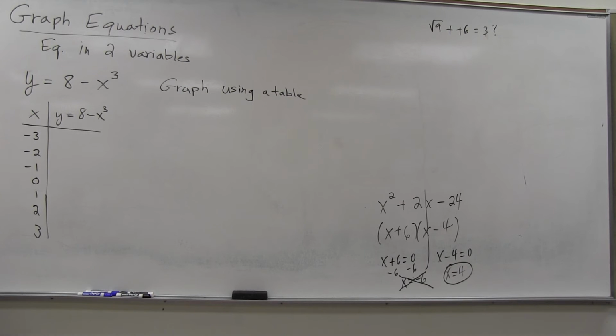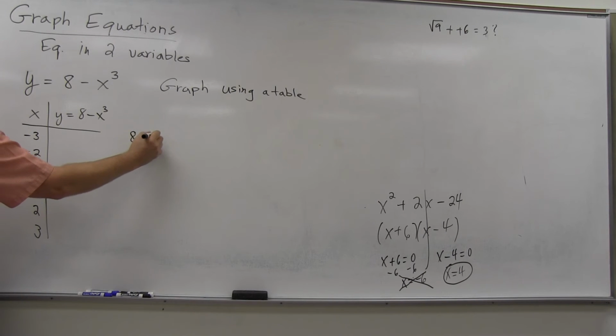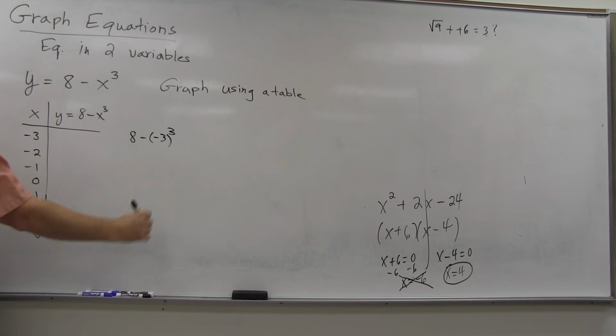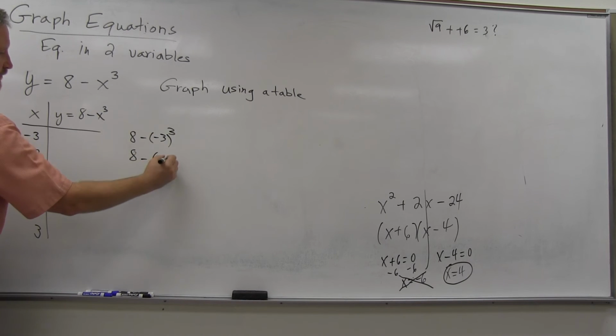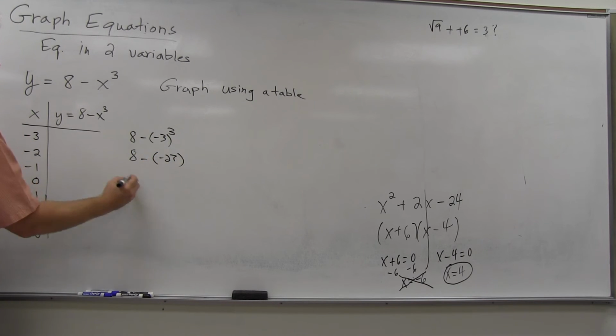Okay, well, then of course it's just a matter of figuring out, well, I plug in -3 there. What have I got? It's 8 minus -3 cubed, be -27, so that's going to be 35. It'll be 8 plus 27. All right, with me on that?